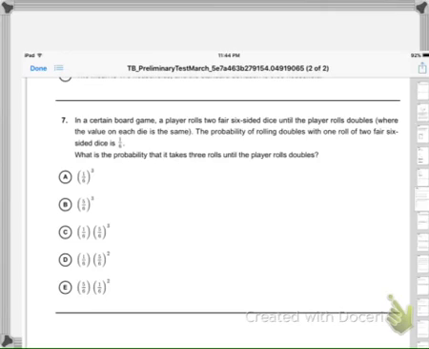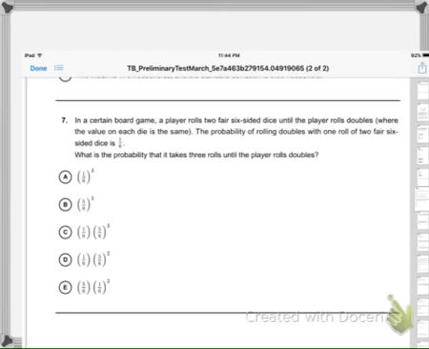Number 7. And one of the skills we're really testing here is what does it take to figure out whether we're dealing with binomial, normal, geometric, or none of the above.